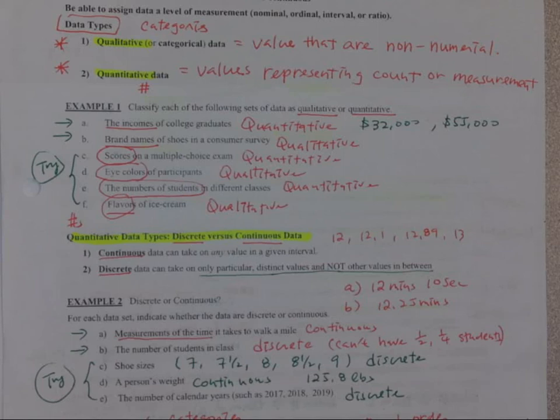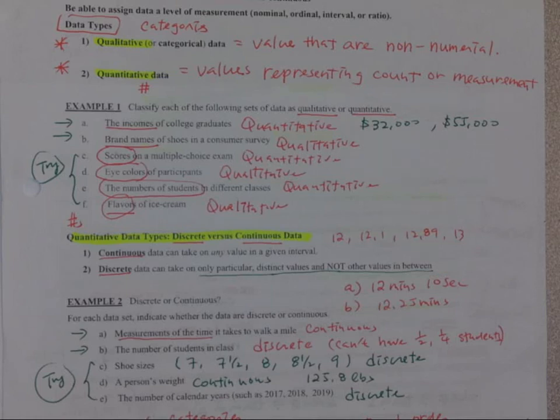If I ask like eye colors of students, that would be qualitative with the category, right? So if I ask eye color again, would that be ordinal or nominal? Nominal, because there's no order, right? I cannot say the brown color goes before green, right? So if there's no order, that is nominal.